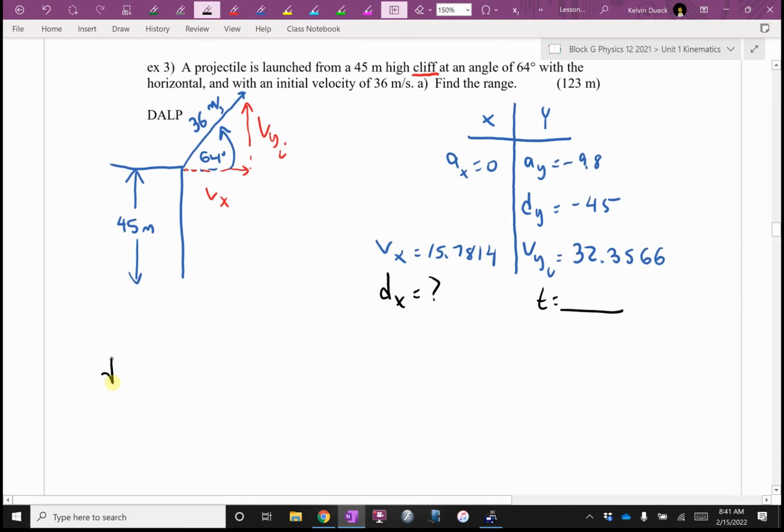It's going to be d equals ViT plus a half AT squared, but I'm going to remind myself vertical, vertical, vertical. The most common sloppy mistake, by the way, for Vi, kids use the 36, because isn't that the initial velocity? We're never going to use that slanty one for anything, because it's neither vertical nor horizontal.